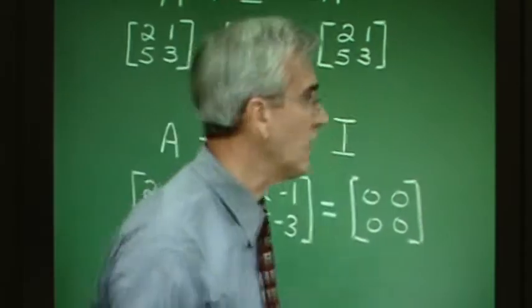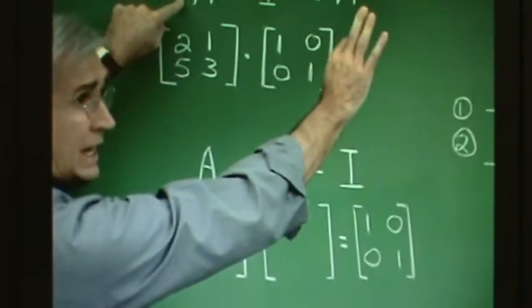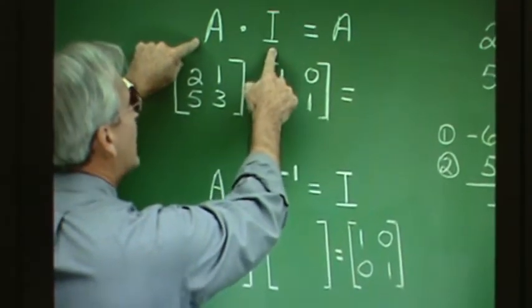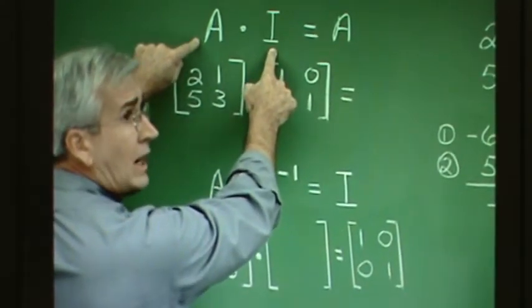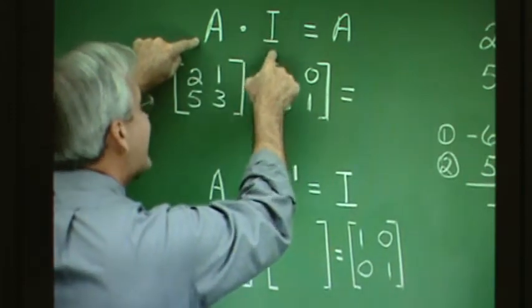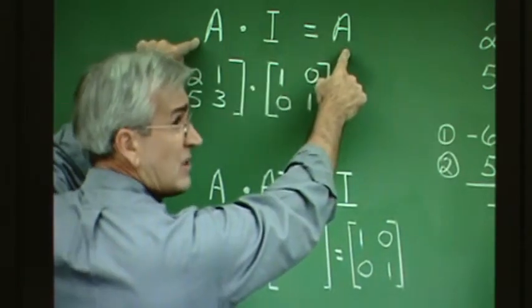Now this is somewhat unexpected, perhaps. If we take A, now we're talking in the multiplication world at this point. Let's talk about a multiplicative identity element, which means that we want to take a matrix and multiply times an identity matrix and get the matrix that we started with. This is the idea.